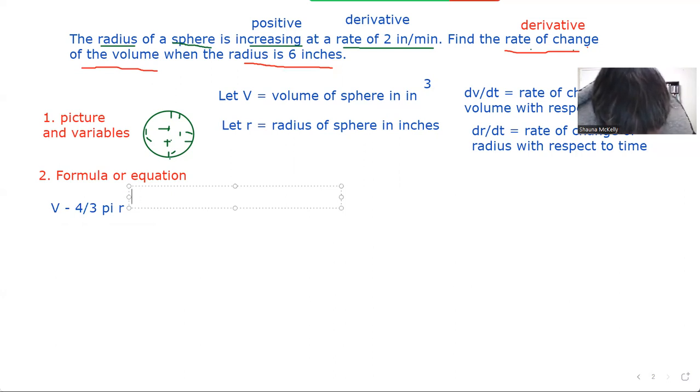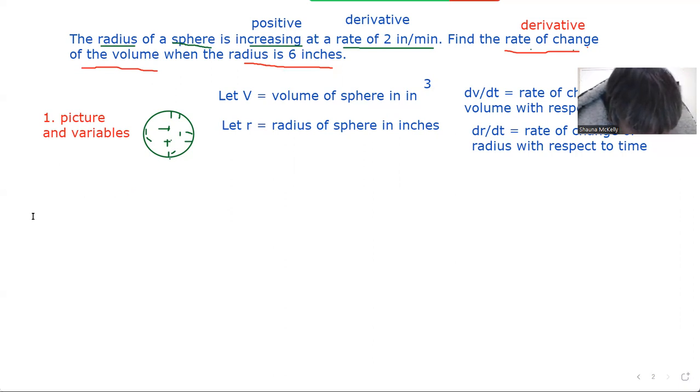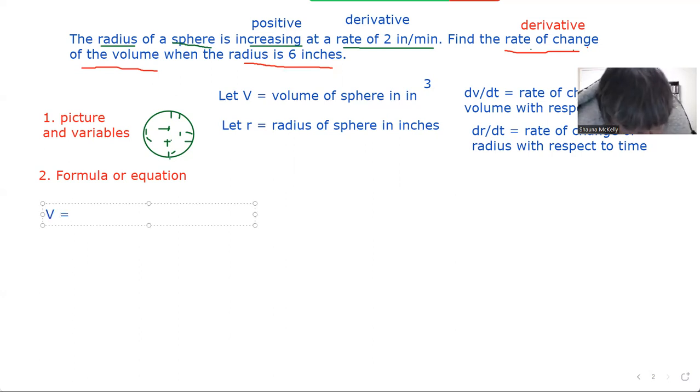That's our volume formula. I forgot my equal sign, so let me fix this one more time. Volume equals 4/3 pi r cubed.